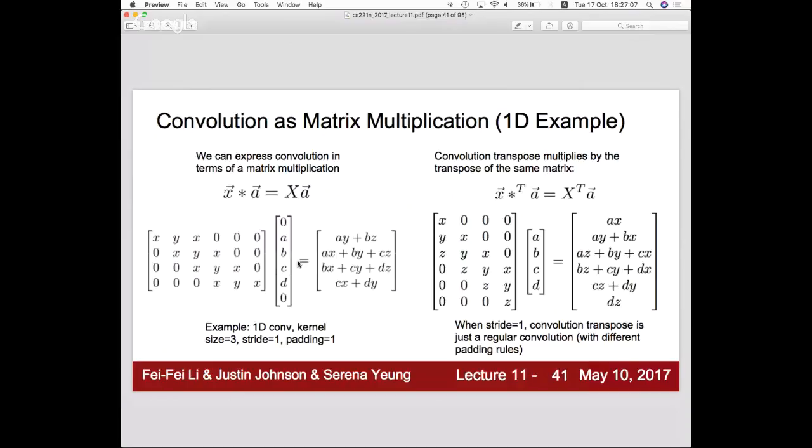If you do this stride 1, moving to the right pixel by pixel, you will get this. So that's what it means here, that for stride 1, convolution and transpose convolution are actually doing the same operation, just with different padding and different positions of the filter.